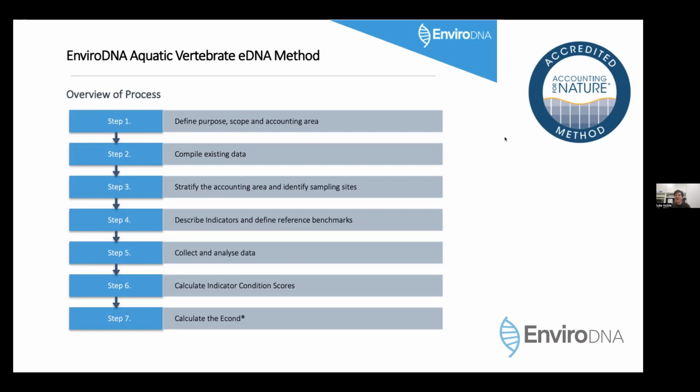We describe the indicators, which in this case are detections of species from eDNA, and we define the reference benchmarks, which can be quite a process using pre-colonial ideals, if possible, and that is reasonably possible for aquatic vertebrates in most areas, but also bringing in local experts and as much knowledge as you can bring to bear, essentially, to define what should be the ideal reference.